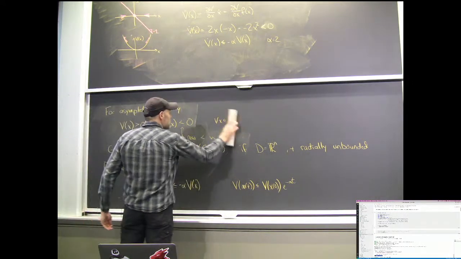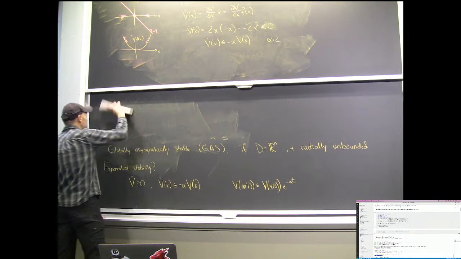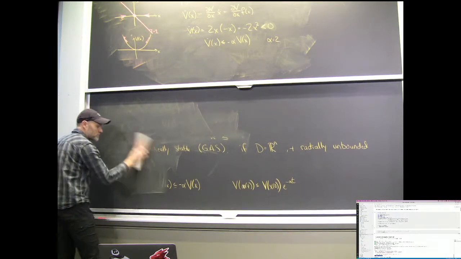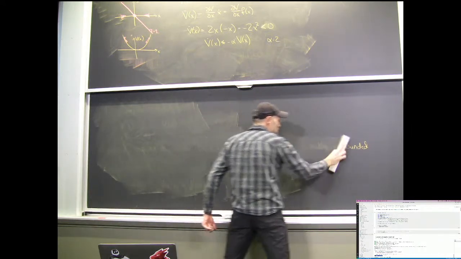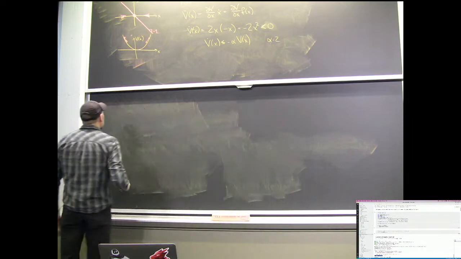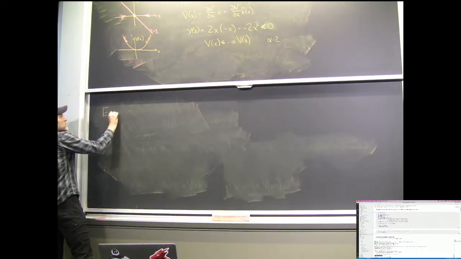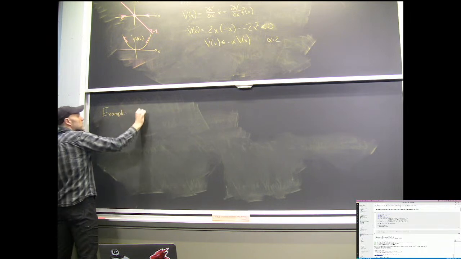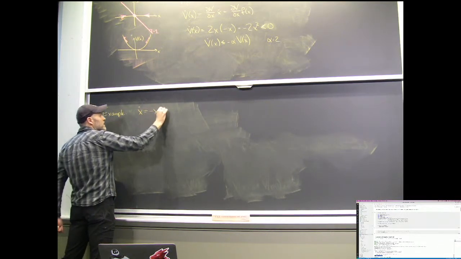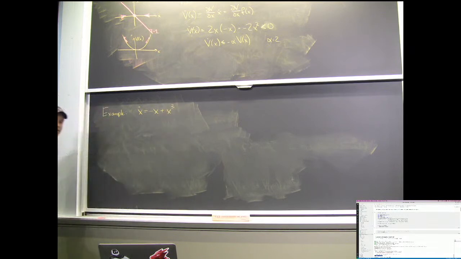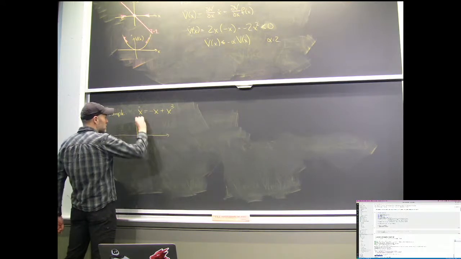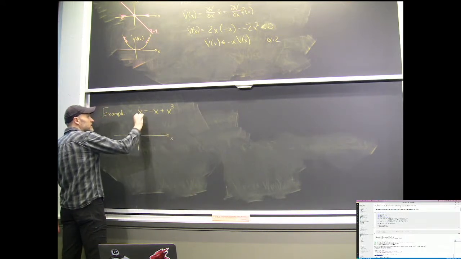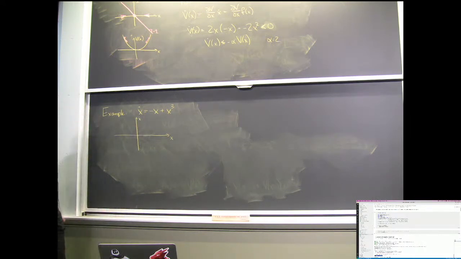Okay. Slightly better, more interesting example. Let's do a nonlinear system. Let's do x dot equals negative x plus x cubed. If I draw this, x versus x dot, think about what that function needs to look like.